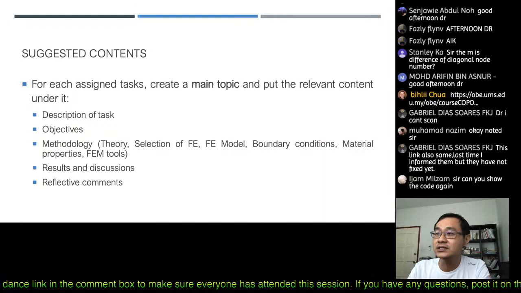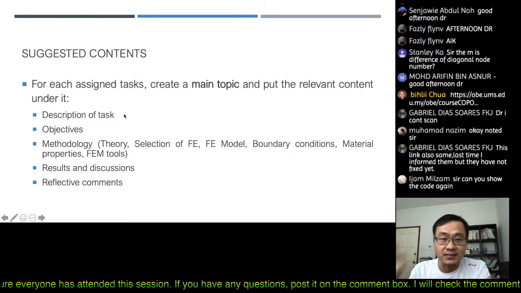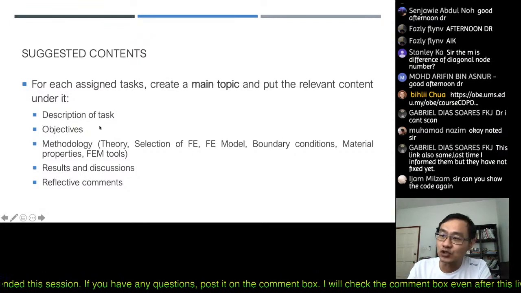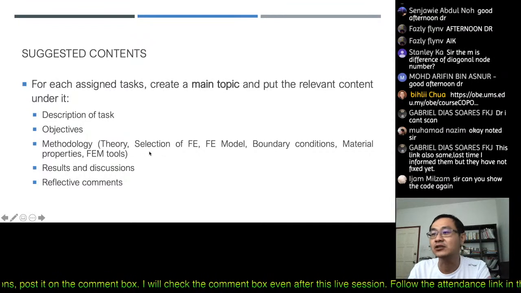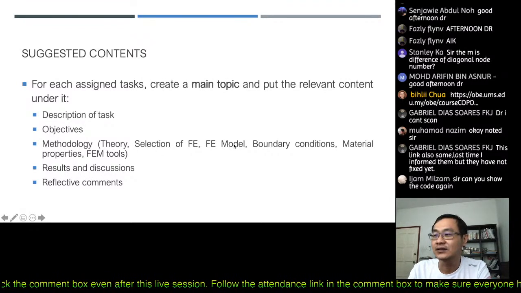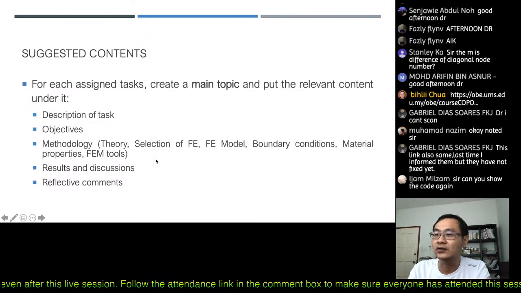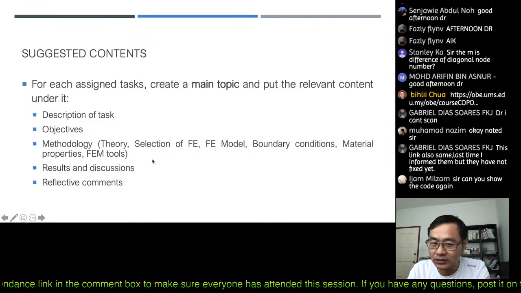The suggestions of the content that you may want to put in is you have to describe your task, then what you want to do in the task, how you deal with it. This is the methodology where you may put in some theory, why you select the elements, and so on. Then what are the results, and you discuss about it.